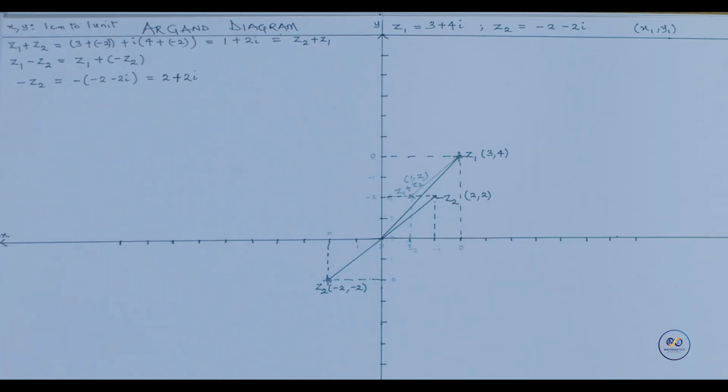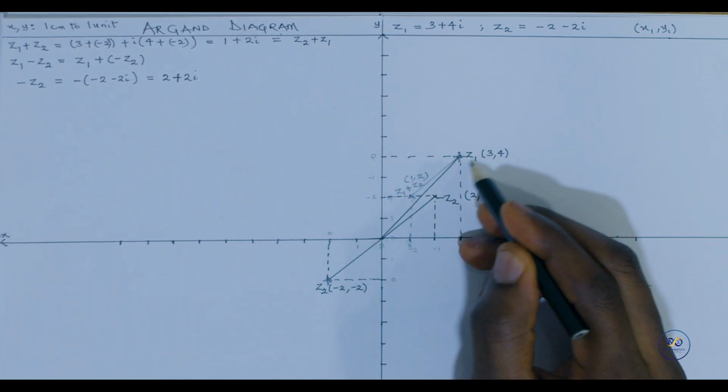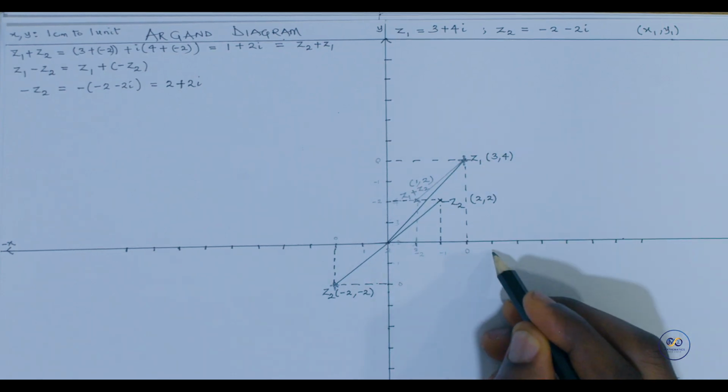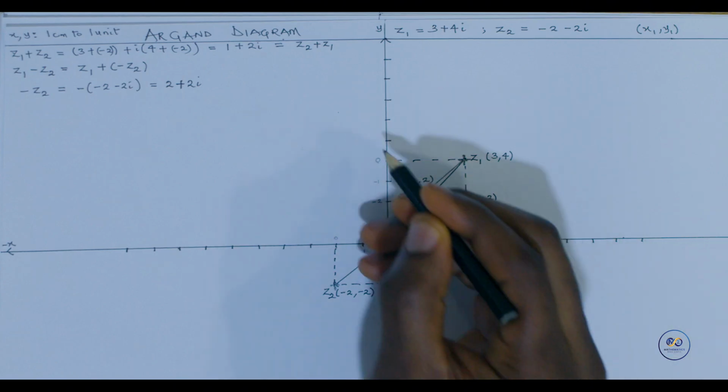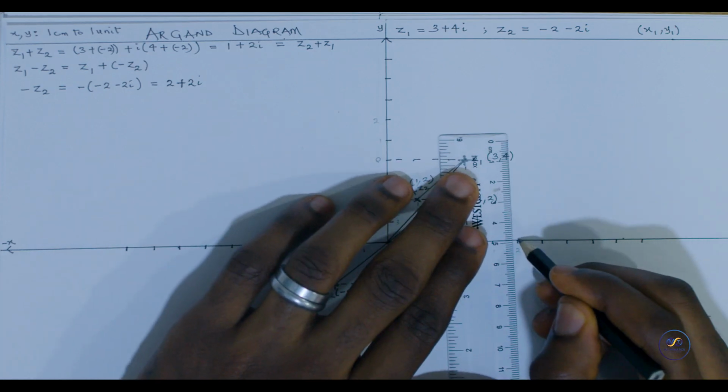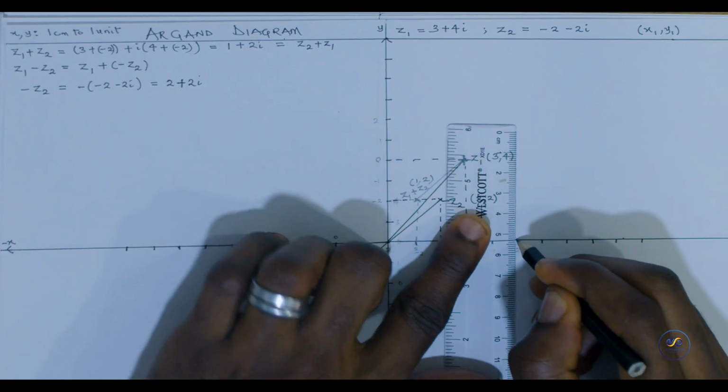So it means that on Z1, if we were to overlay 2, 2 on it, taking this as the origin, what would we have? This would be 1, 2, and then this would be 1, 2. So what does that mean? It means that if we were to stretch these lines together, what would we have?